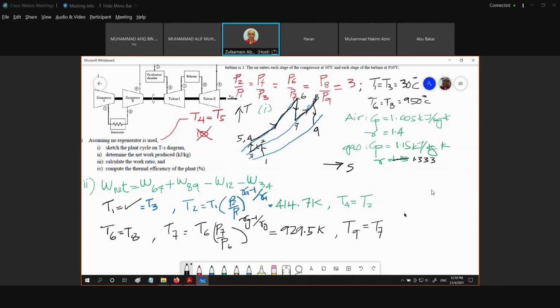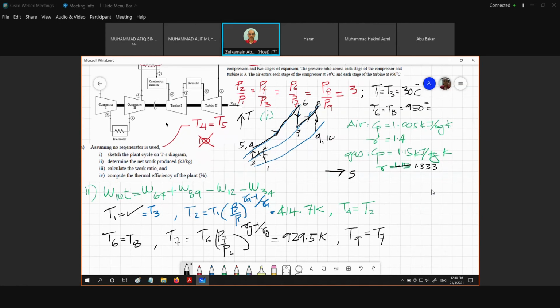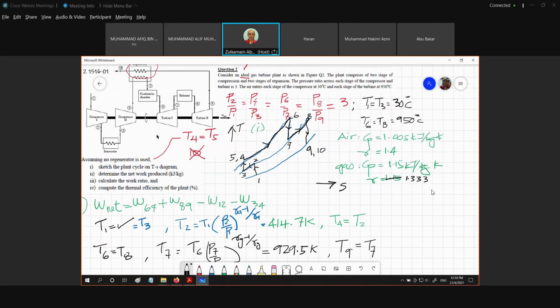And in this case, we also have the same as T10. Because right here, for T10, we don't use any heat exchanger. Therefore, T9 is equal to T10 in this case. So just take note, it is equal to T10. Remember, this is the case without using any regenerator.